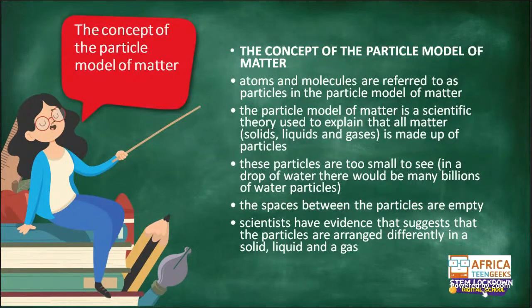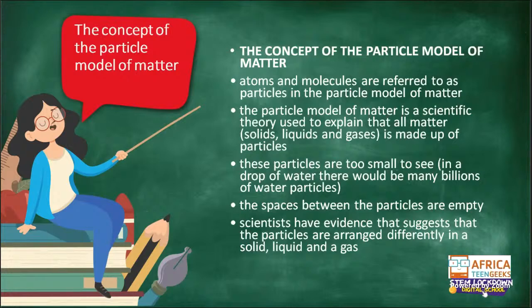Now we are still continuing with the concept of the particle model of matter. Now all what we have seen in the various slides, the particle model of matter comes in. So we are saying atoms and molecules are referred to as particles in the what? Particle model of matter. So the solid particles, the liquid particles, the gaseous particles.